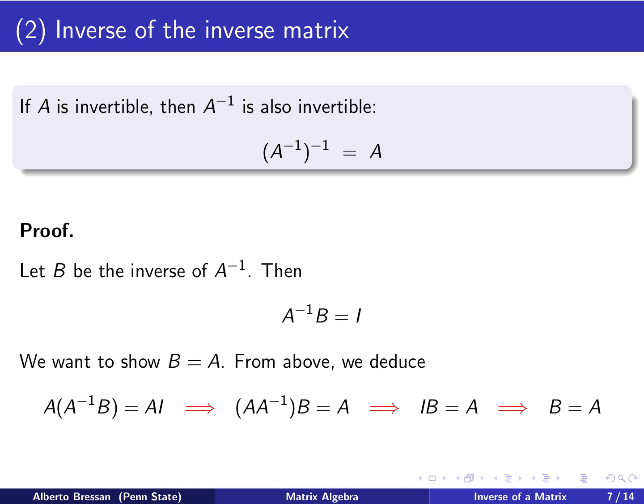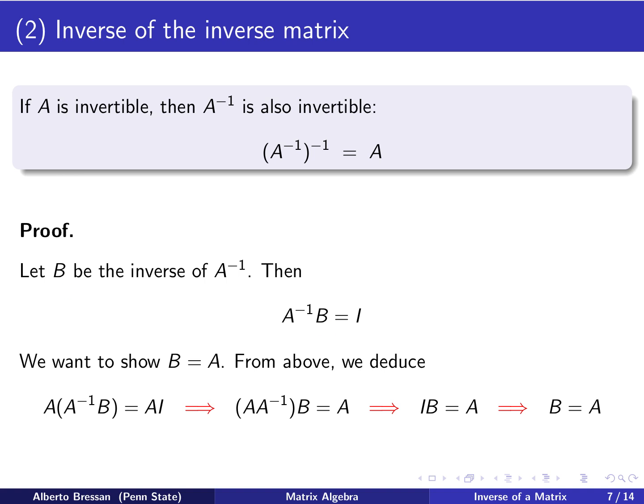Okay, so let's denote the inverse of A inverse as B. The goal here is to show B equals A, right? Let's see if we can reach that conclusion. So B is now the inverse of A inverse, which means if you multiply B and A inverse, you get identity.